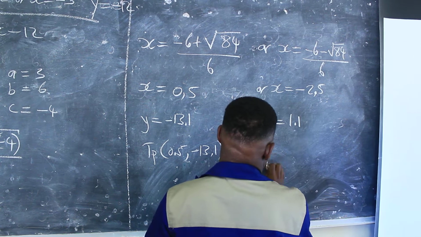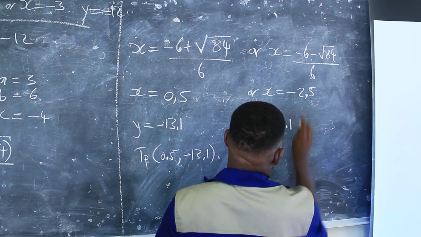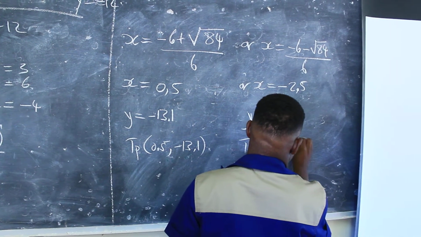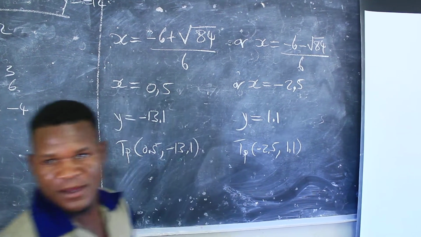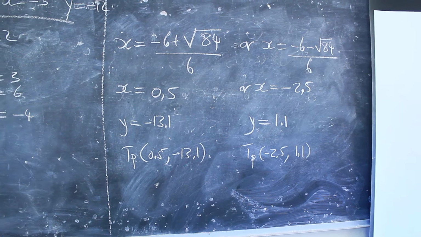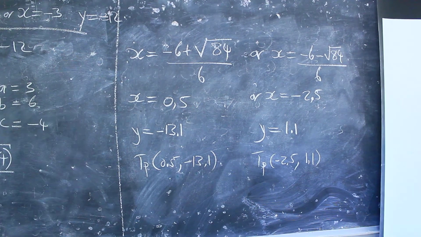The other turning point, we need to have two turning points, is negative 2.5 and 1.1. Okay. Now we have the turning point, we have the values of the x, and we have the y-intercept.